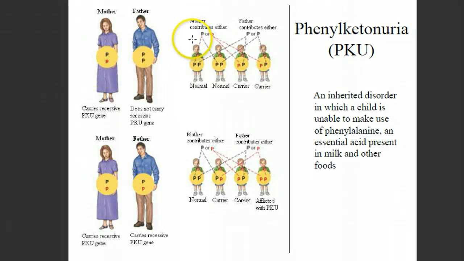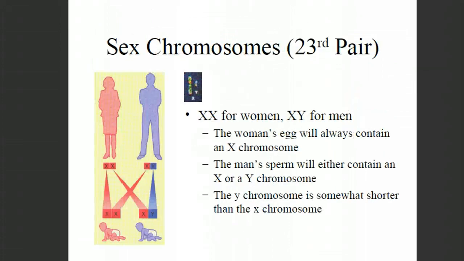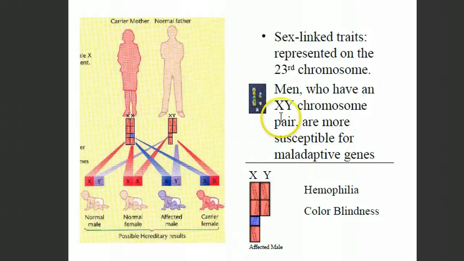We talked about how that works out with tongue curling as well as with PKU. And then we also talked about sex-linked traits. This refers to a 23rd chromosome pair where the male has the X chromosome from mom and the Y chromosome from dad, and since that Y chromosome is shorter, some instructions from the mom are simply going to be followed because they are the only instruction that the boy has. All right, take care.